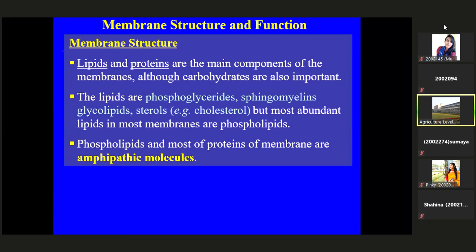Its amino group accepts electron, but its carboxylic group can donate electron. So at the same time, it can accept and donate electron.